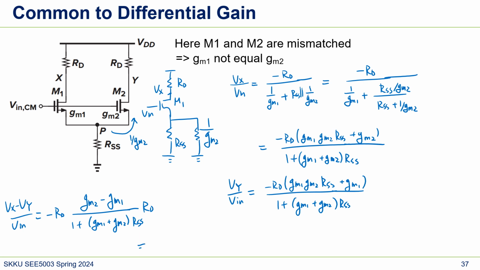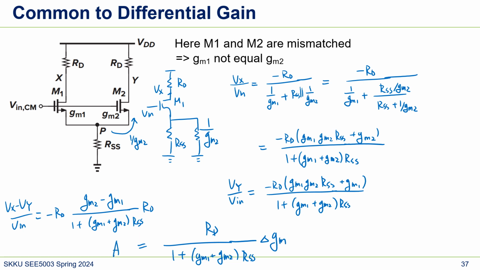So this turns out to be delta GM and RD. So let's write it like this: RD and then delta GM.